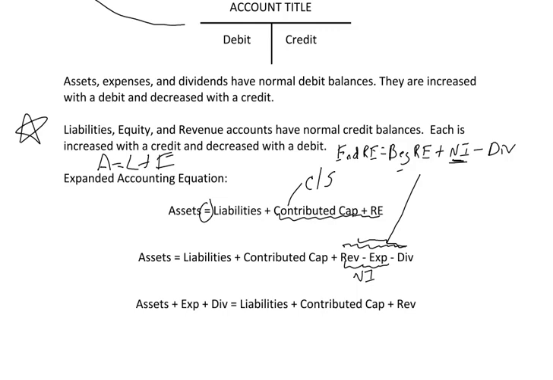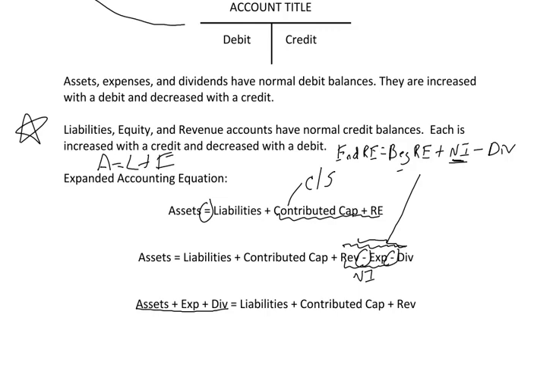Now we have a negative sign for expenses and dividends. If we take both of those and move them over to the other side of the equation, we have assets, expenses, and dividends all with positive signs, and then liabilities, contributed capital, and revenue on the right side.